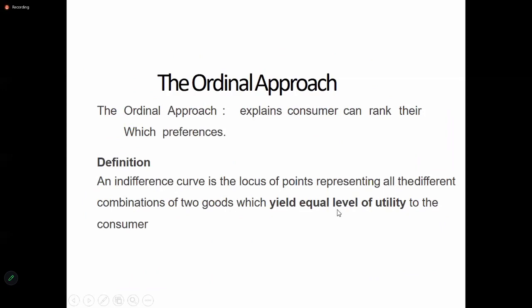It gives the ranking of their preferences. There is no need to remember these definitions; they are just to help you understand. I will never ask for definitions. I don't want to produce parrots. Just take the idea and write the answer in your own words. You only need to practice calculations, because you have to do calculations to get the accurate answer.